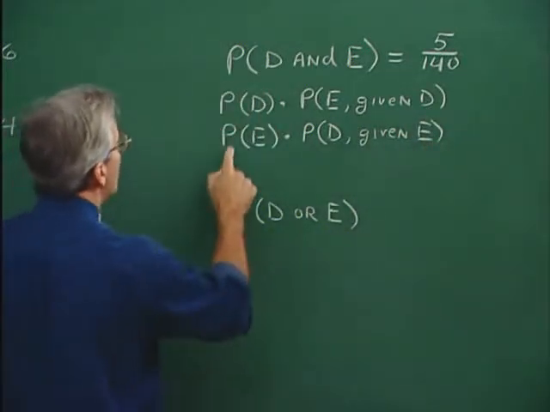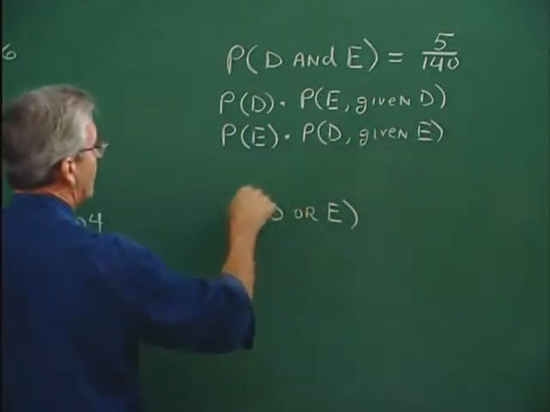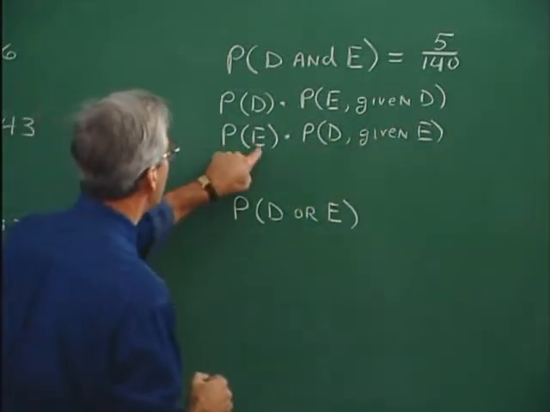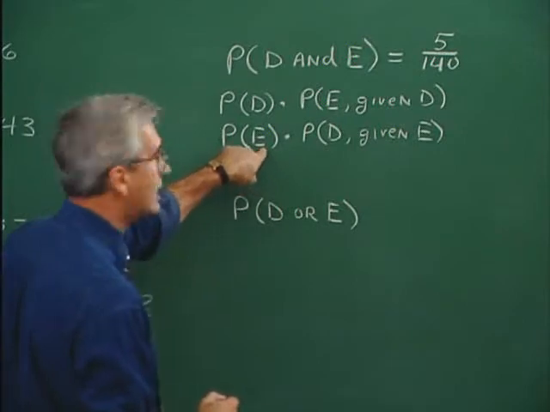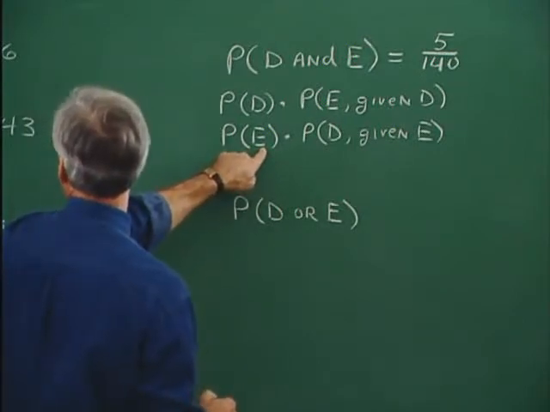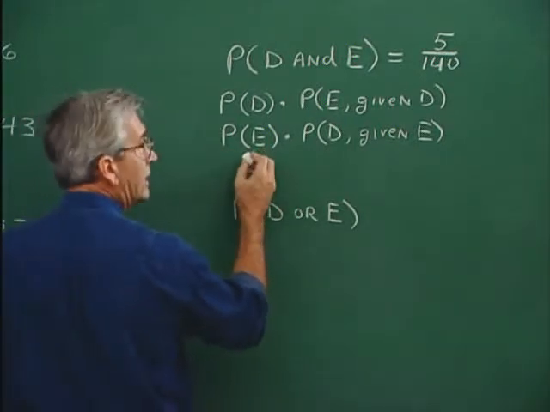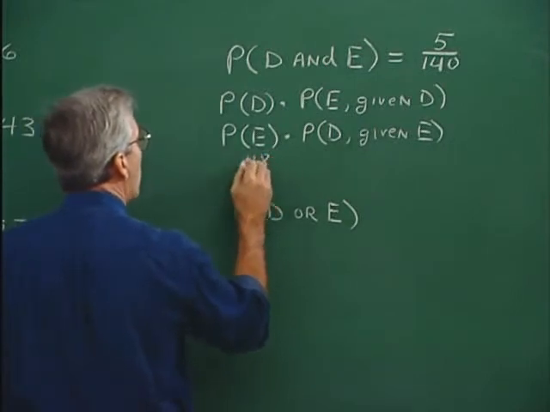Well, let's see. I'm going to just do the last one because I have a little bit of room here. The probability of E, the probability of executive. Now, we figured that earlier as there were 48 executives total in the company, so it's 48 over 140.